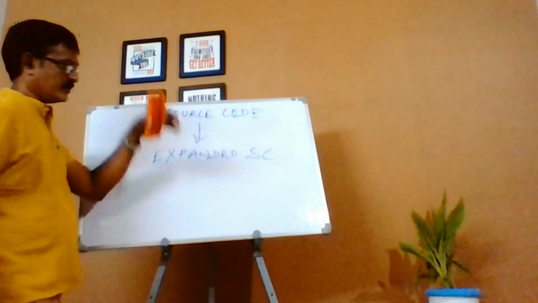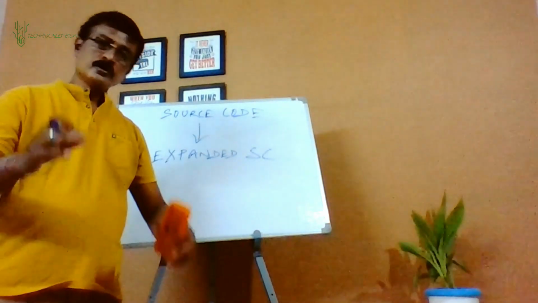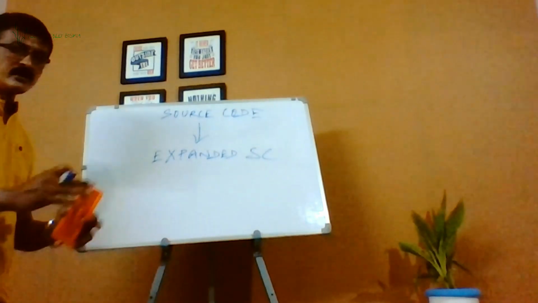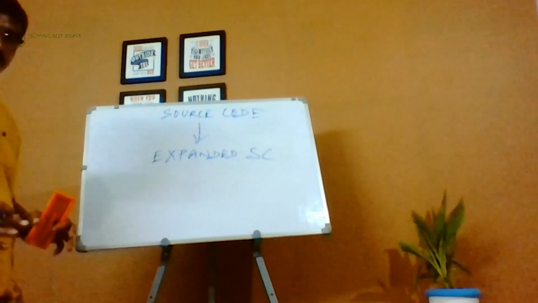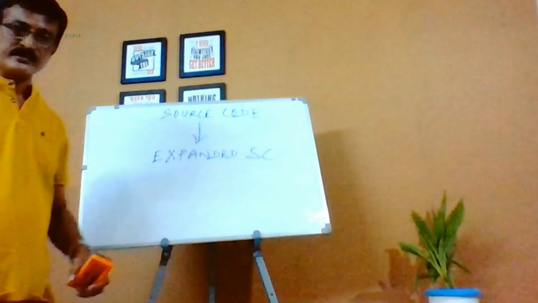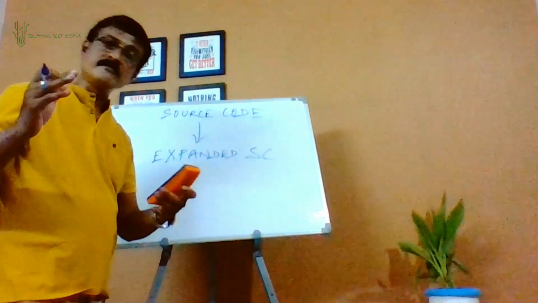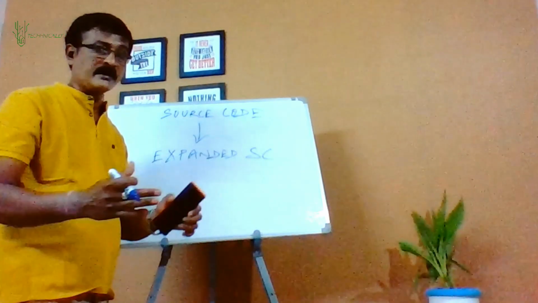Source code, SC, in short. So what it is doing is taking the source code of a program. Let's say your program name is x.c or program.c. It is taking that program and converting the entire program into expanded source code.